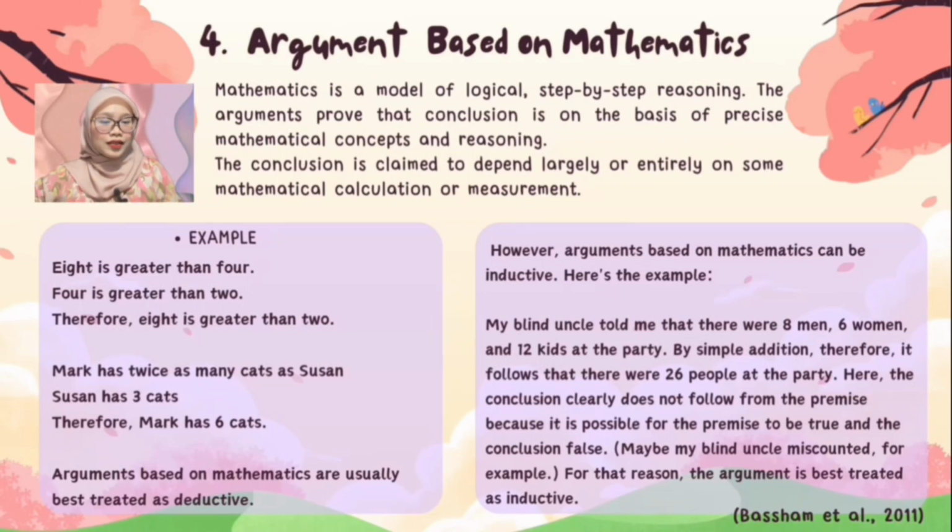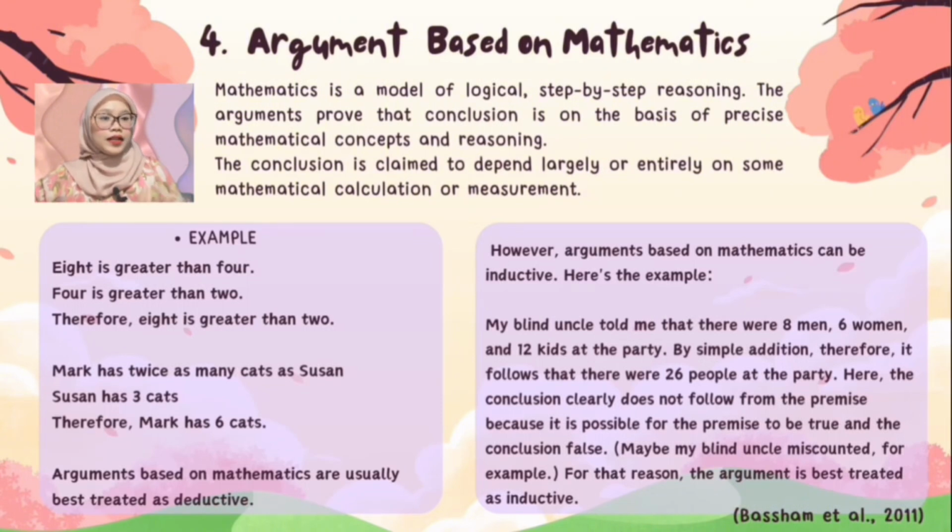How could it be? So, here is the example. My blind uncle told me that there were 8 men, 6 women, and 12 kids at the party. By simple addition, therefore, it follows that there were 26 people at the party. Here, the conclusion clearly does not follow from the premise because it's possible for the premise to be true and the conclusion false.